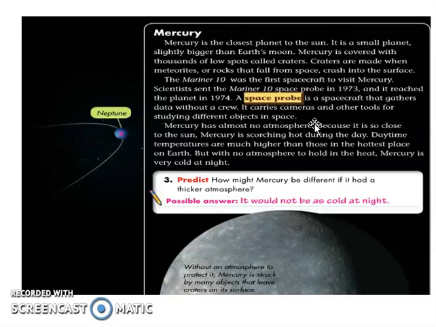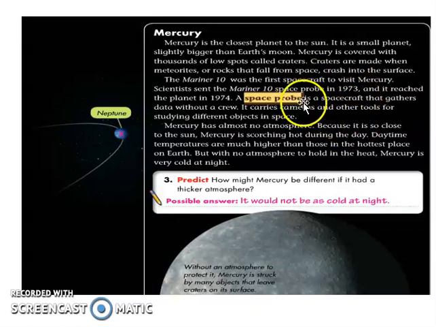When we are talking about spacecraft, it could be manned, meaning it could be with a person, or it could be just the spacecraft. The spacecraft launched in 1976, but a space probe is just like a robot, a moving robot, which landed in 1973 on Mercury.